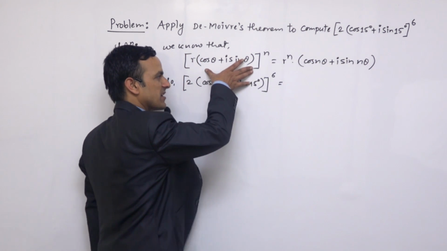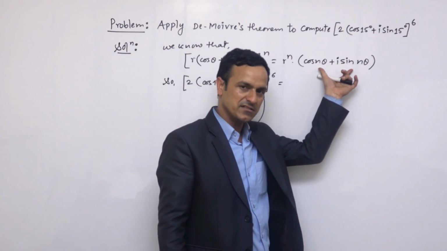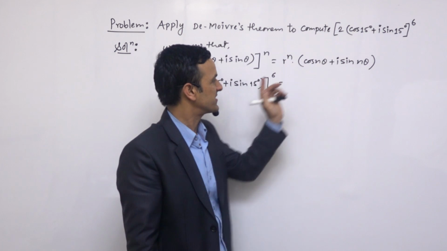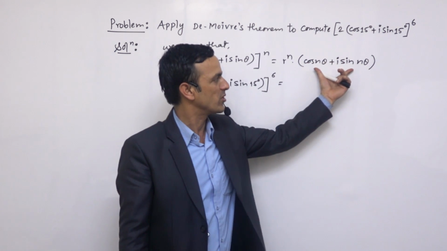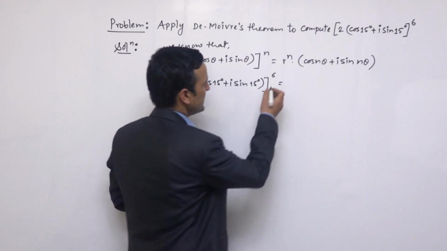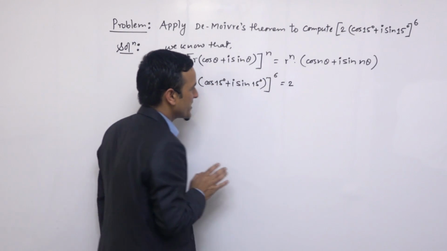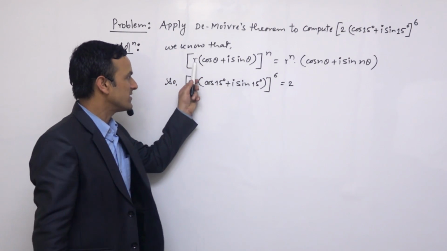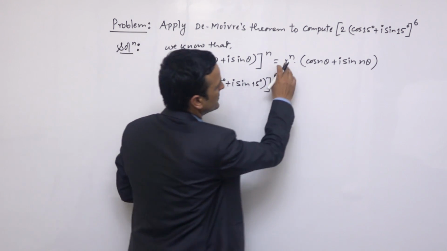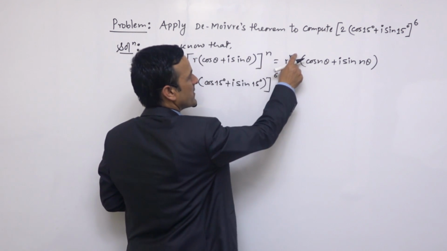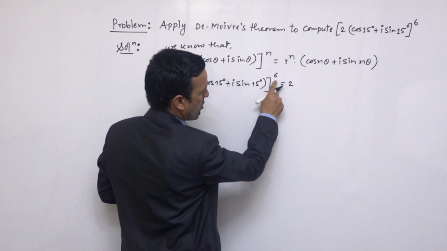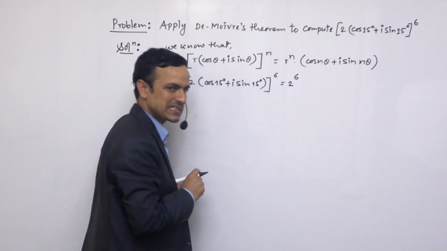So write down value of r is 2 and value of n is 6.